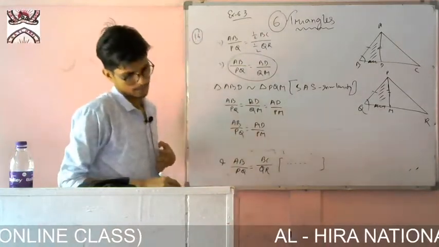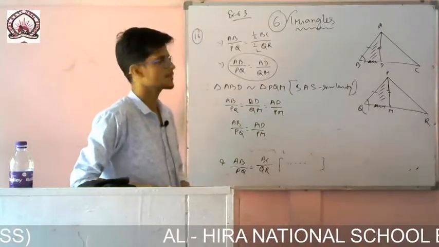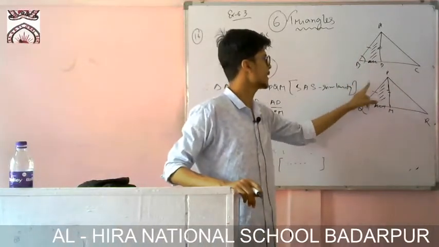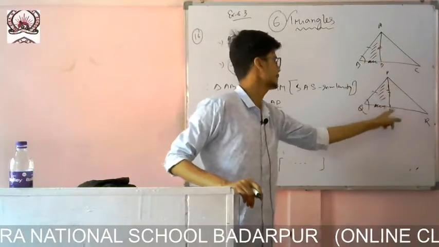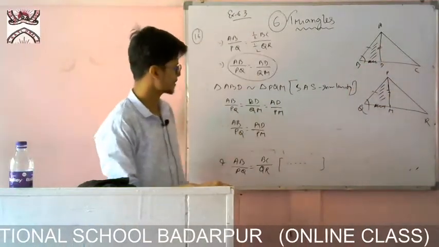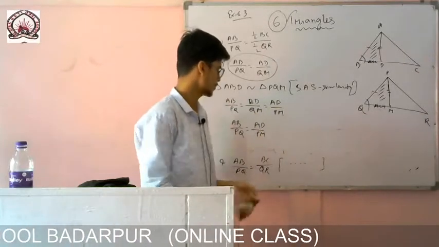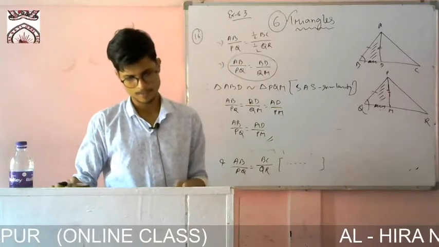Since these two triangles are similar, the ratio of their sides will also be equal. So the ratio of the sides is coming the same, so I can write this one equal to that one. So we have proved it: AB by PQ equals AD by PM.